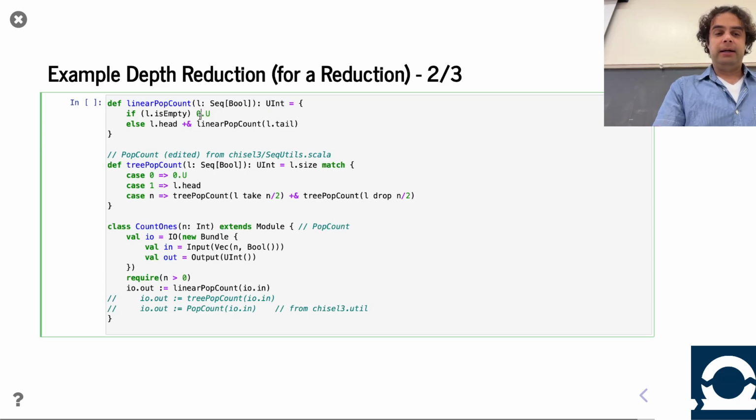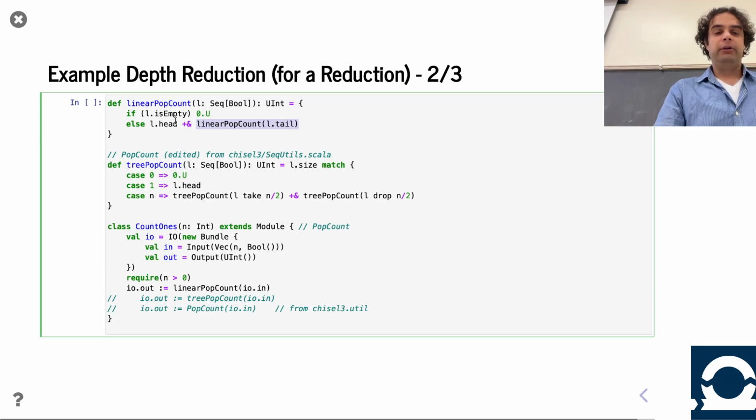If you're doing this recursively, here's one way of doing it. If you give me an empty collection, there are 0 ones there because there are no elements. Otherwise, take the first element, which is a single bit quantity, 0 or 1, and add that onto the result for the remainder of this collection. That's what the dot tail is. When you have a Seq in Scala, dot head is 1 element and dot tail is n minus 1 elements.